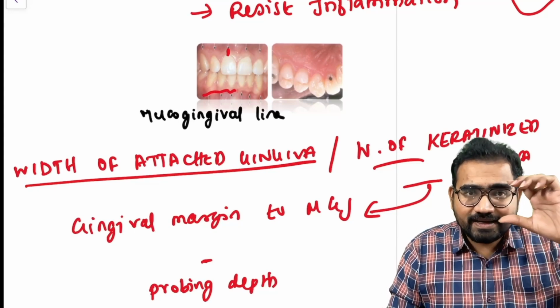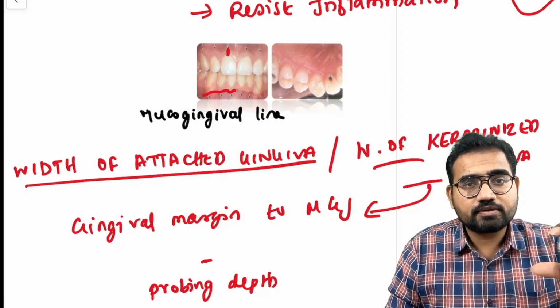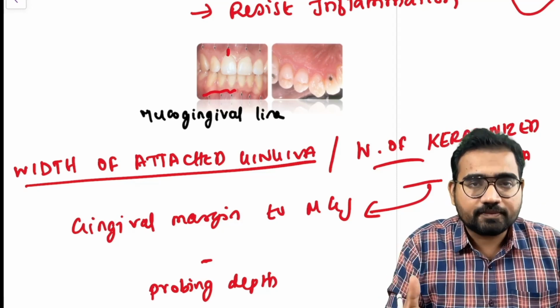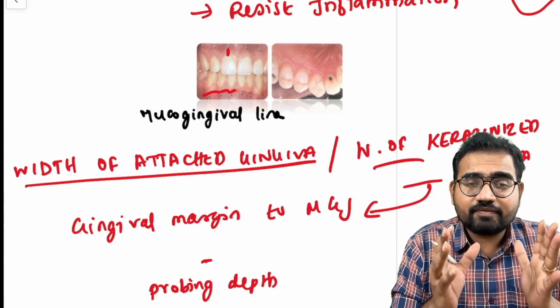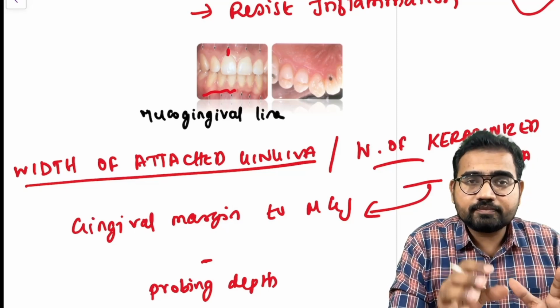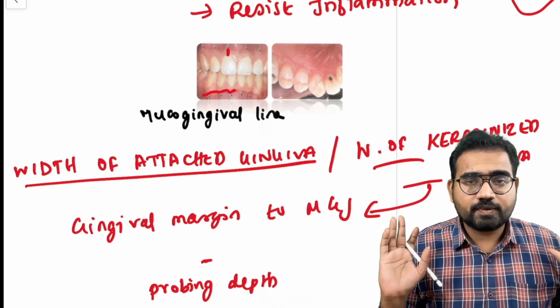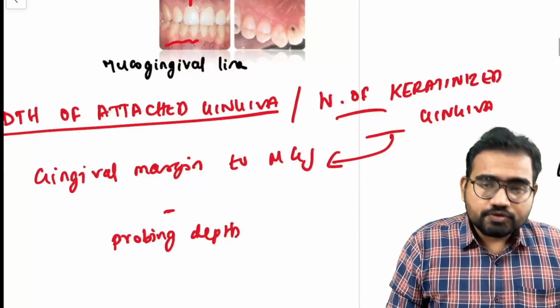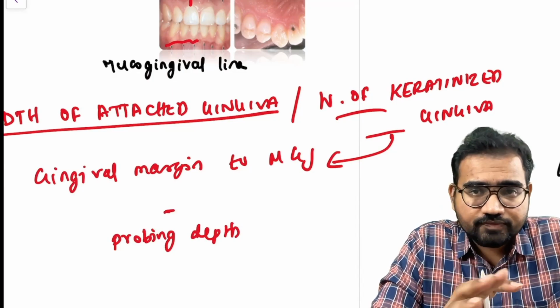So the entire aspect from the gingival margin to the mucogingival junction is the width of keratinized gingiva, and if I subtract the probing depth from it, that gives me the width of attached gingiva. Very simple, right?